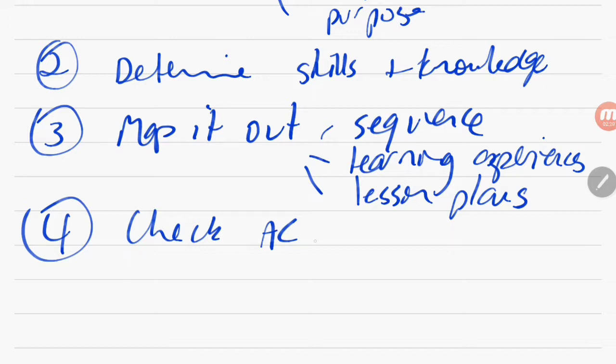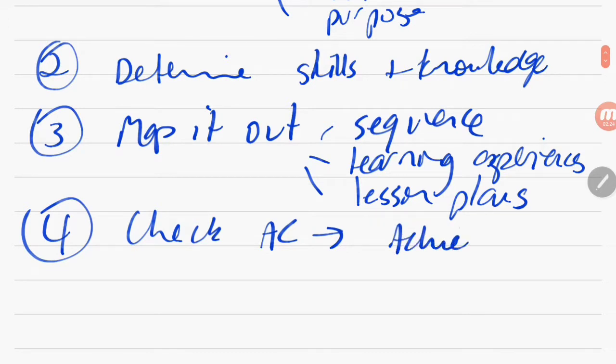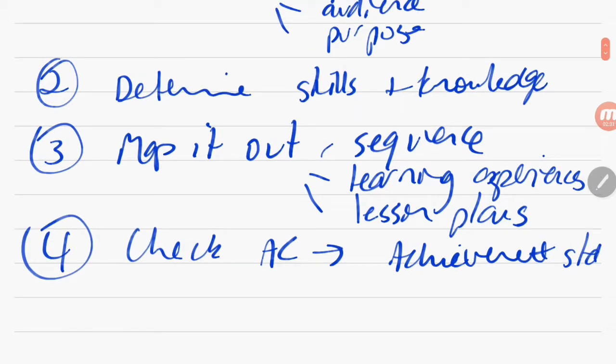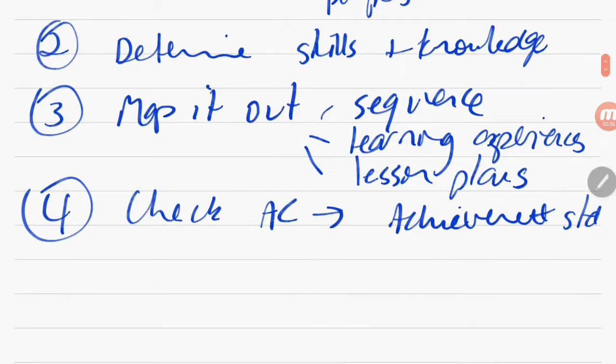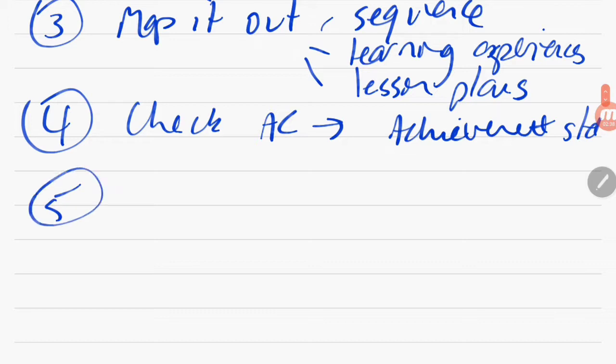So we go and have a look at the achievement standards. And we do a quick check and a little bit of an audit. Are we on track? Is what we're asking of students fair and reasonable? Most likely it will be.